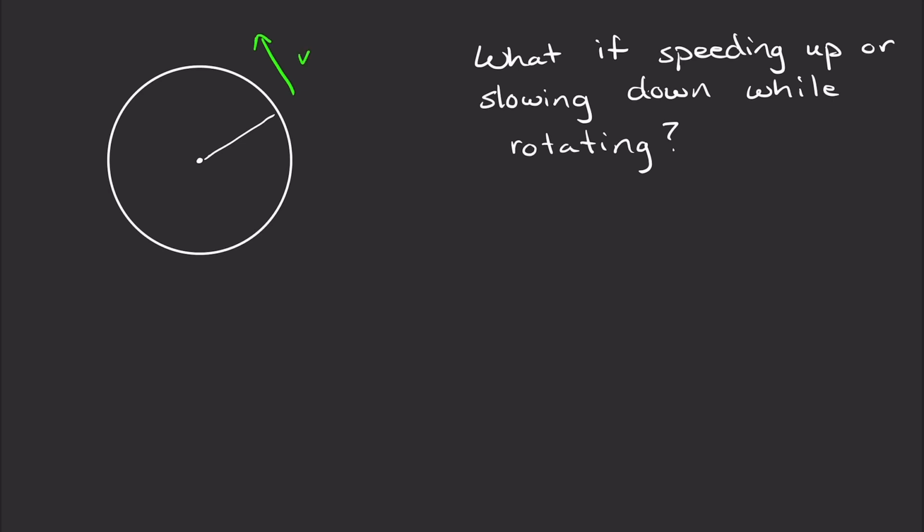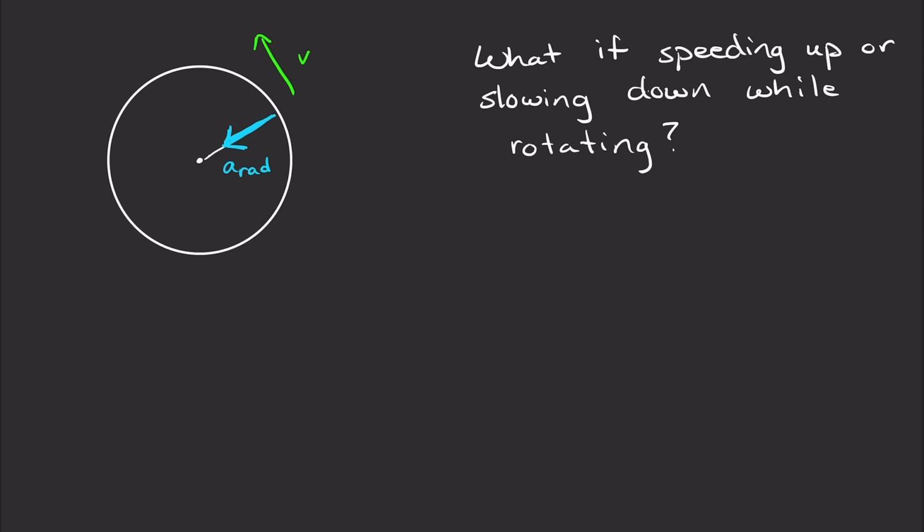I know it's tangent, and if we're going in a circle, that must mean that there is some acceleration inward that's changing our direction. So this is radial acceleration. We already looked at this when we looked at uniform circular motion and centripetal forces.